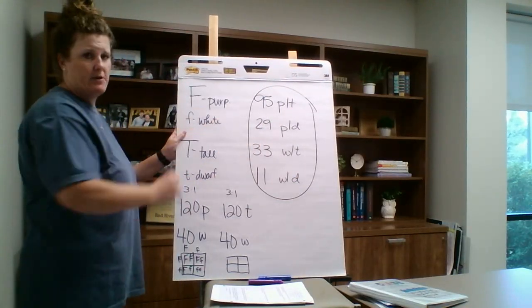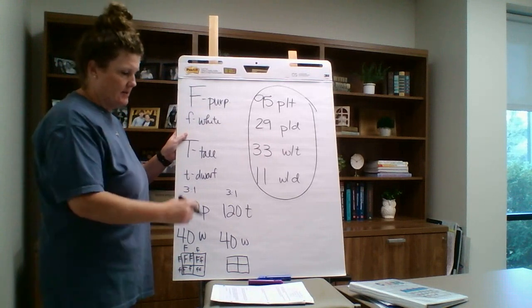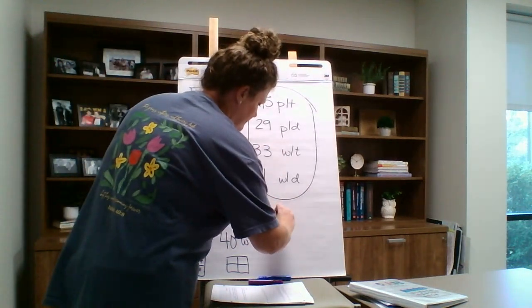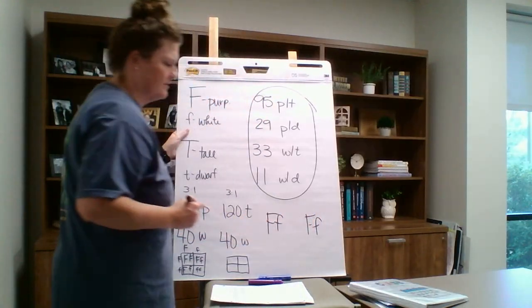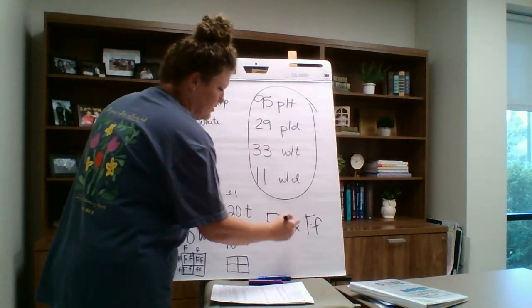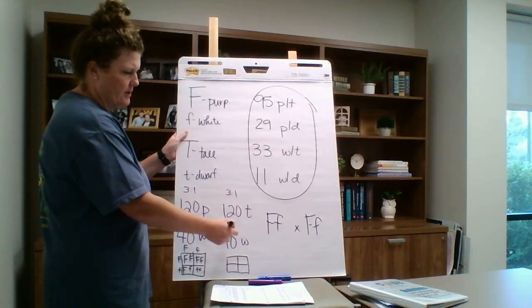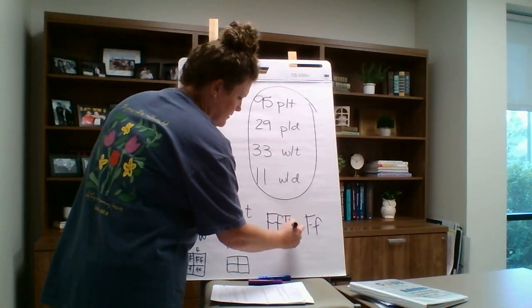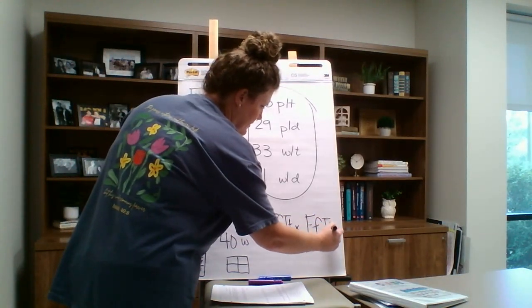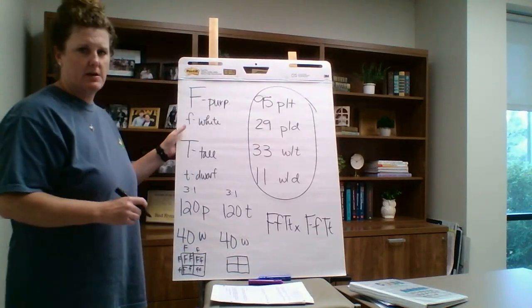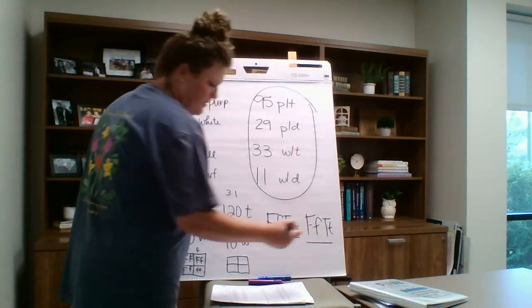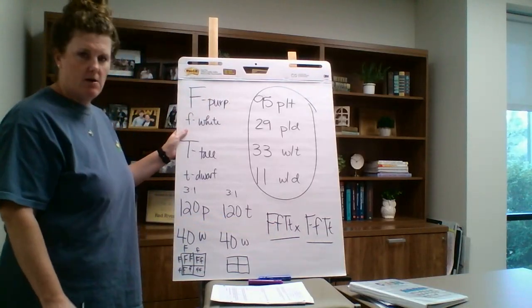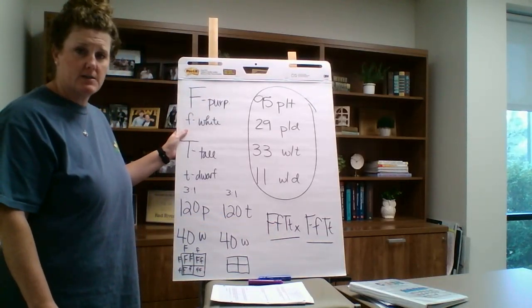So the only way that I could have gotten those numbers is if, for trait number 1, the parents had to be heterozygous. And then for trait number 2, once again, I got that 3-to-1 ratio. So they must have been heterozygote for trait number 2 as well. Okay, so this is my answer to letter A on number 6 on your practice packet.